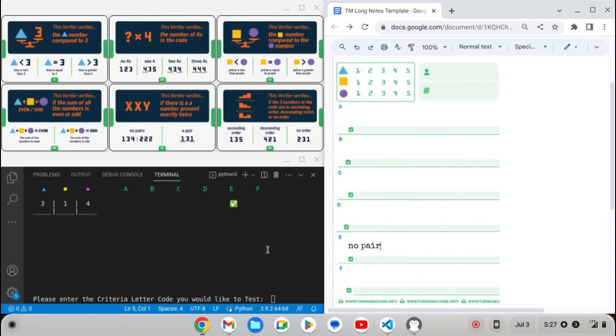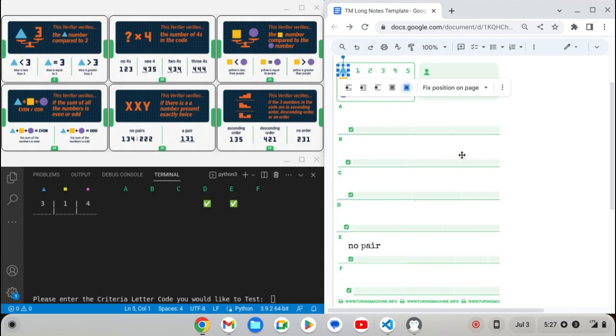All right, that said, let's test criteria card D and see what the sum of the 3 digits tell us. Well, again, the Turing machine does approve of the proposal 314. If I add up my digits, 3 plus 1 is 4, 4 plus 4 is 8. The Turing machine is confirming that the sum of the 3 digits must be an even quantity.